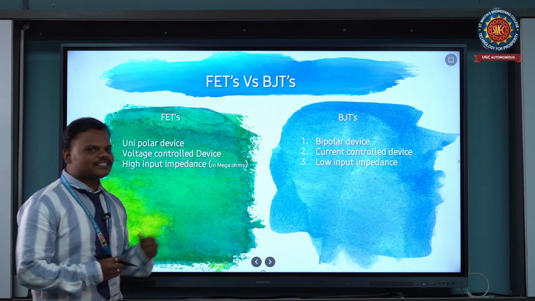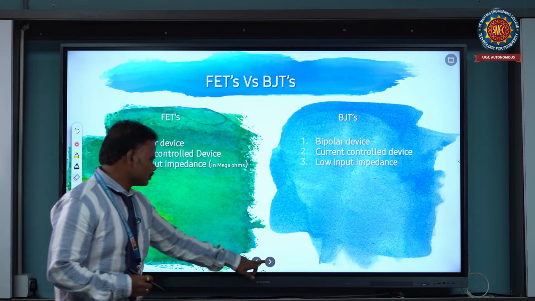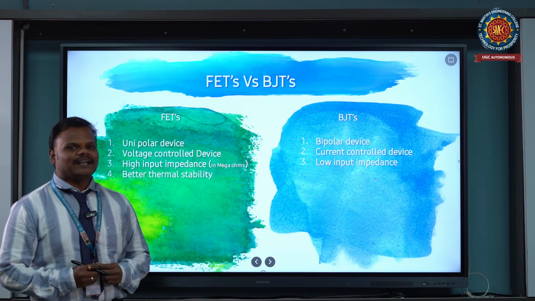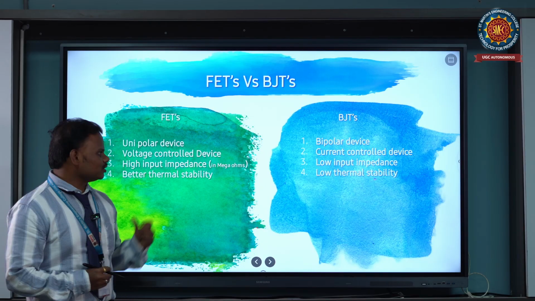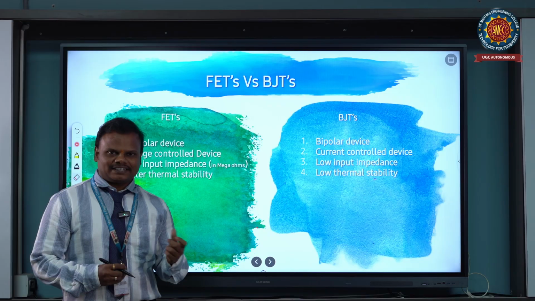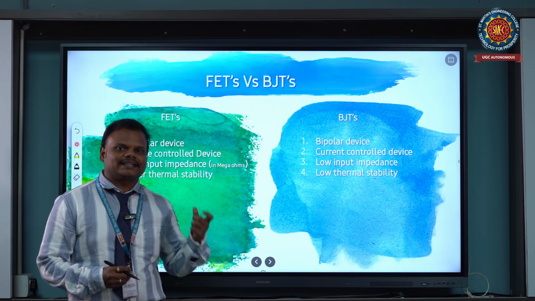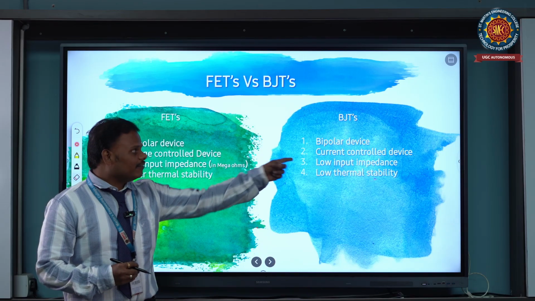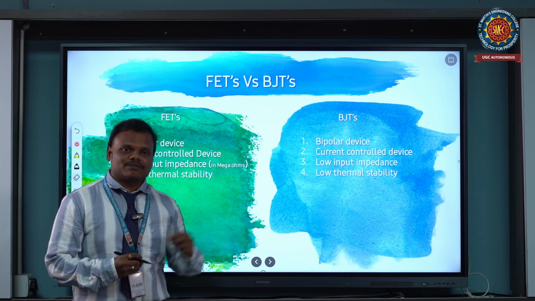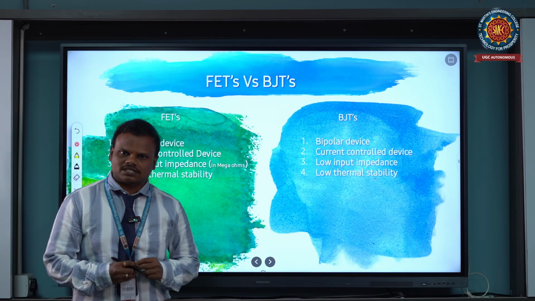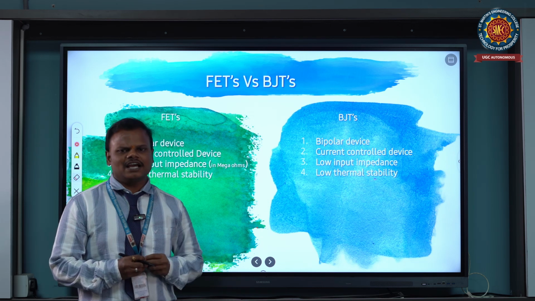Hence FETs are mostly used for amplification and switching purposes. Next, FETs have better thermal stability and BJTs have less. FET withstands high temperature and can operate effectively at high temperature values. But the BJT, due to less thermal stability, undergoes thermal runaway, which causes deviation in the operation.